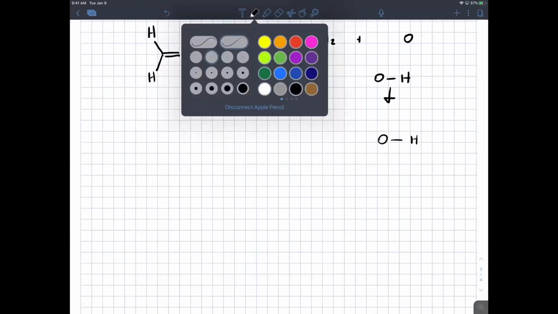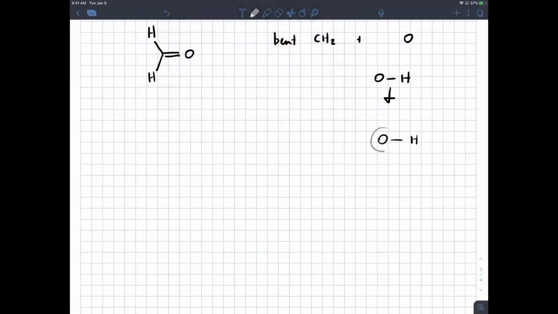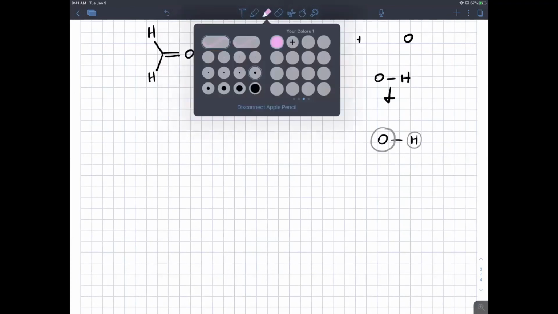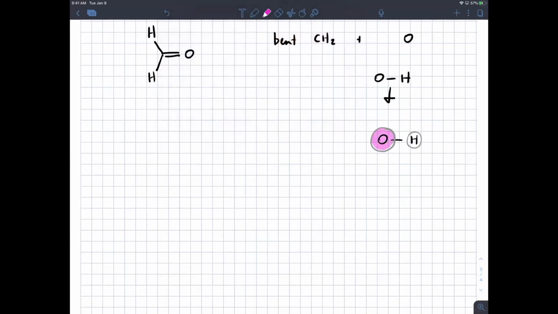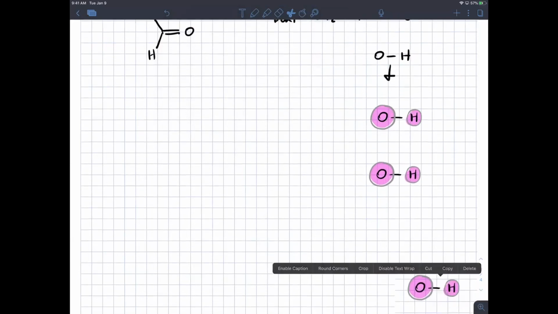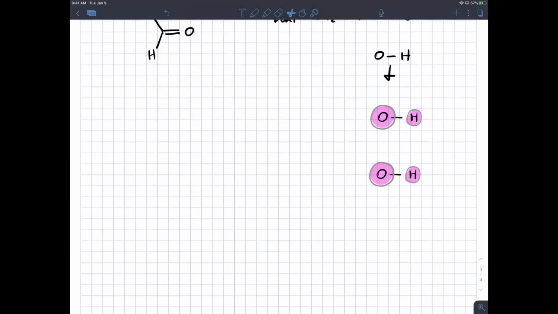You would have one for sure that would look kind of like this, in phase. And then you'd have the out of phase combination as well. I'm not going to worry at this stage whether one is more on the hydrogen than it is on the oxygen. We could figure that out, but I don't think that'll be too important.